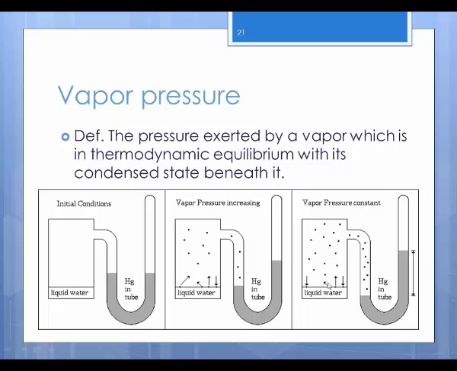So the pressure is pushing against this external area, and there is basically a positive pressure that comes off of any liquid. There's an amount of vapor that wants to exist above any liquid in a condensed state that is in equilibrium with it.